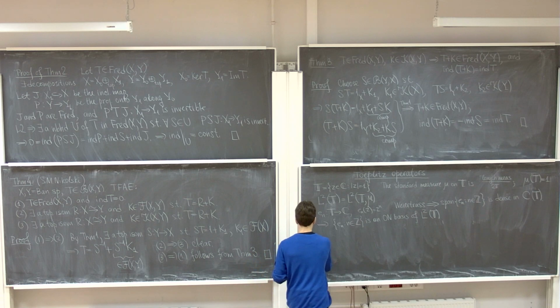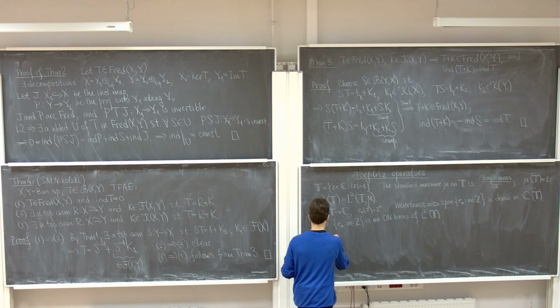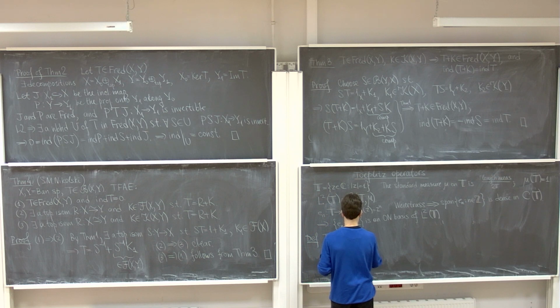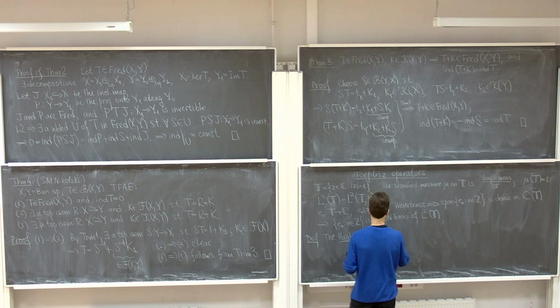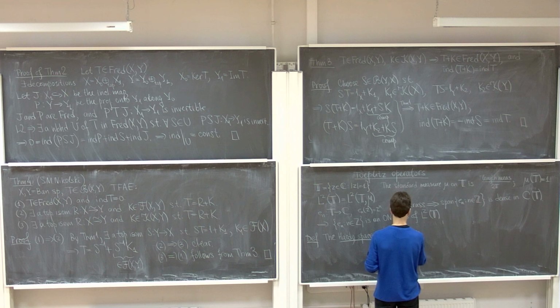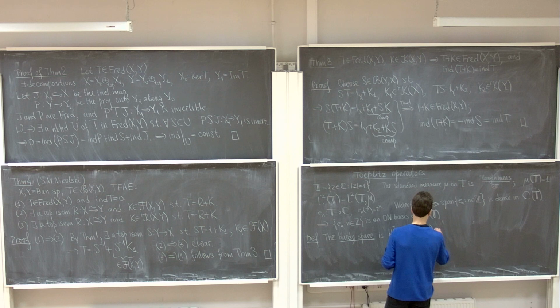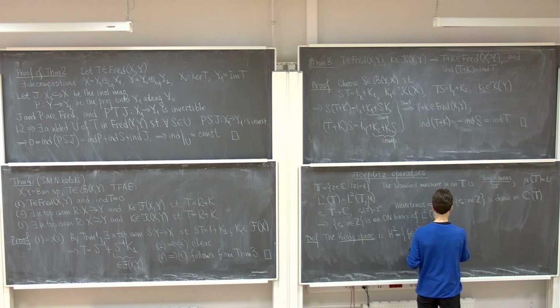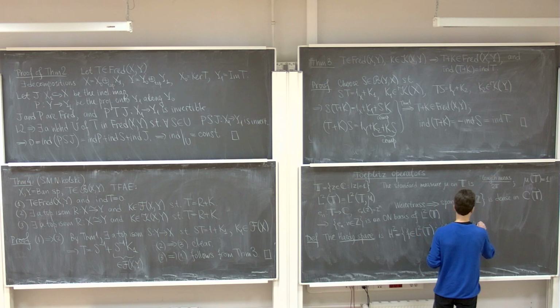We now introduce the following important subspace of L2 of T, namely the Hardy space. The Hardy space of the circle is the space denoted by H2. By definition, the space consists of those functions f in L2 of T whose negative Fourier coefficients vanish, that is, Fourier coefficients vanish for all negative n.